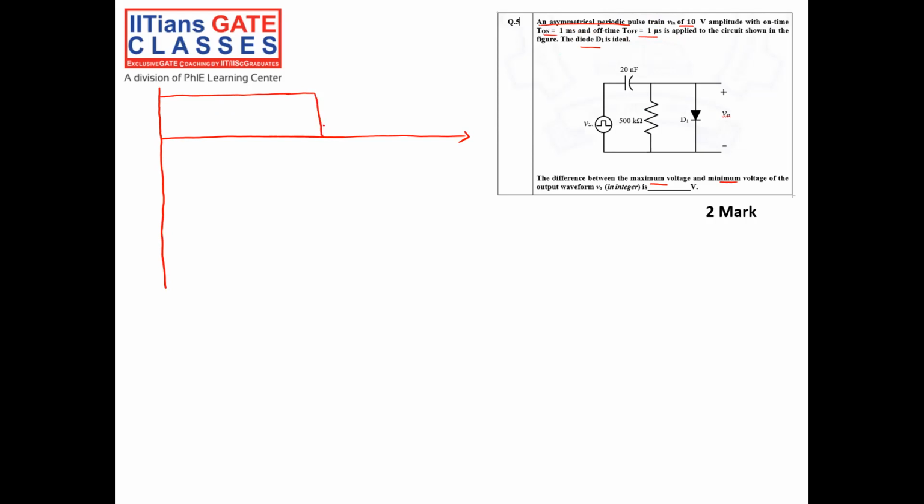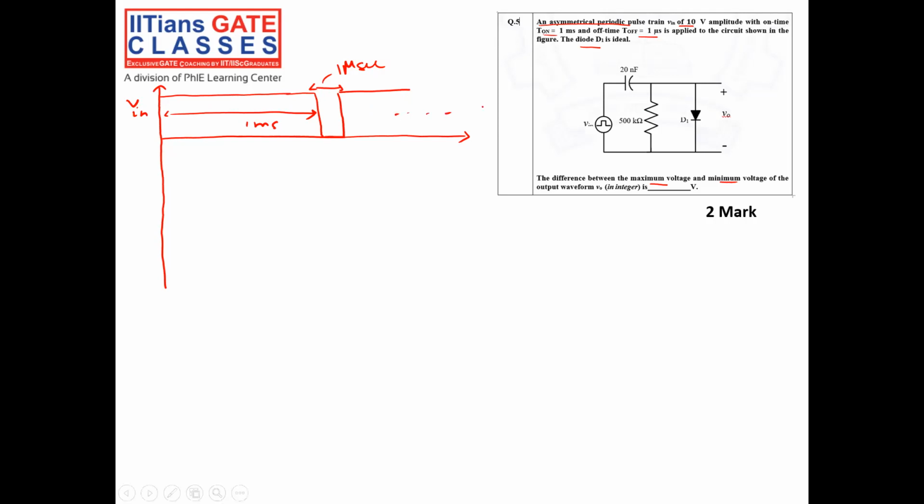I'm just exaggerating to show you, but it is very, very small. So this is 1 millisecond, and this is 1 microsecond. This is my Vin. Then it is again on. So it will continue like this.